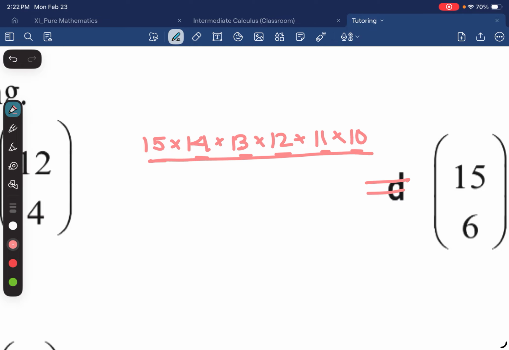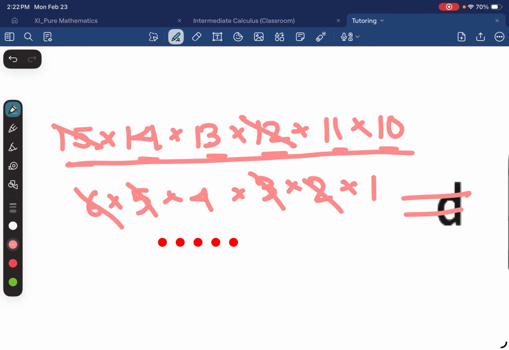And I divide everything by 6 factorial, and 6 factorial is 6 times 5 times 4 times 3 times 2 times 1. Well, let's see. 15 is 5 times 3. 12 is 6 times 2. Now I have this 4. Can I divide anything here by 4? Well, not exactly.